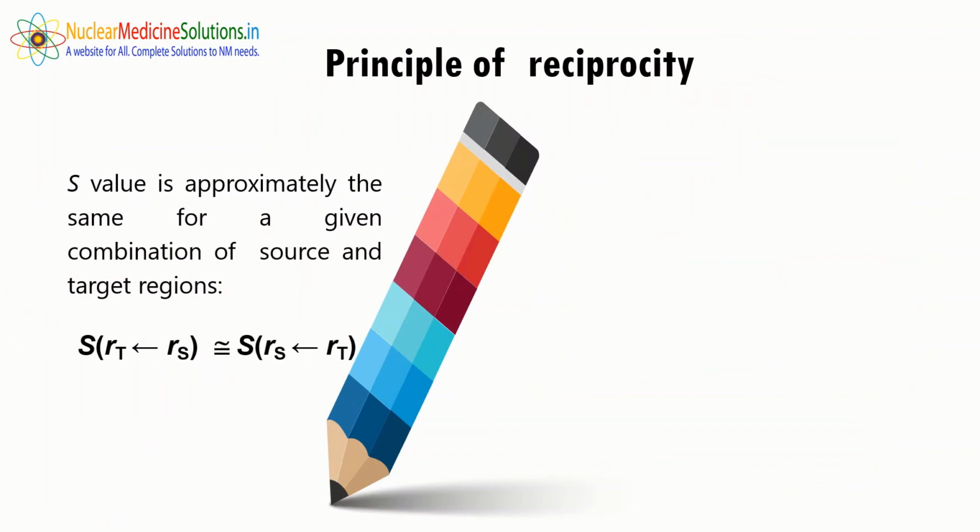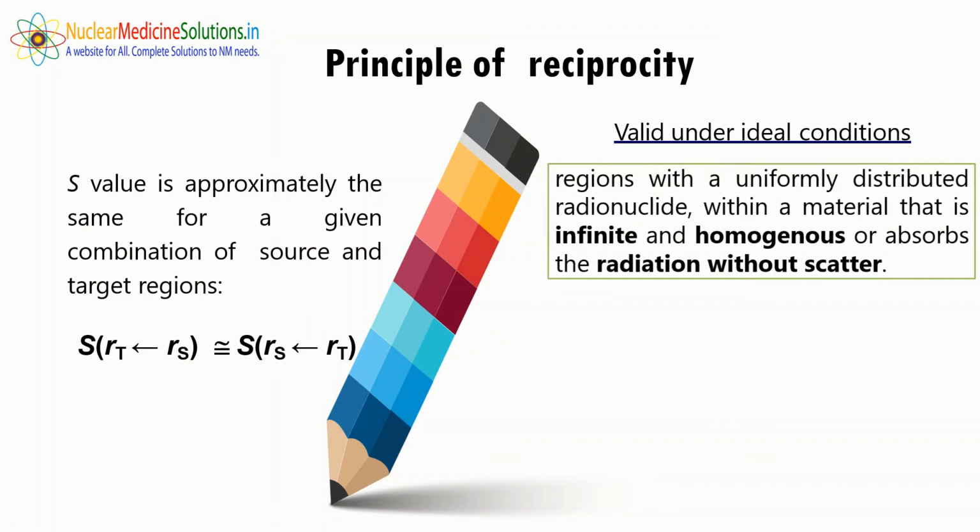Let's see what the principle of reciprocity is. It means the S value is approximately the same for a given combination of source and target region. That is, the S value for liver to kidney will be almost equal to the S value for kidney to liver, and this is valid under ideal conditions, like regions with uniformly distributed radionuclides within a material that is infinite and homogeneous or absorbs the radiation without scatter.